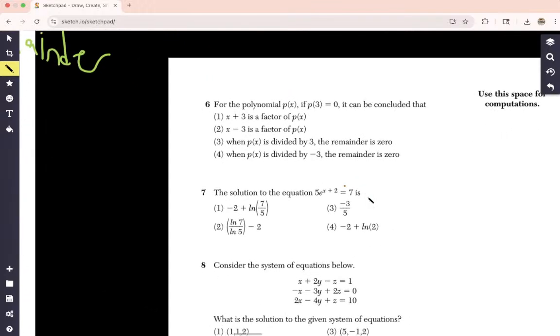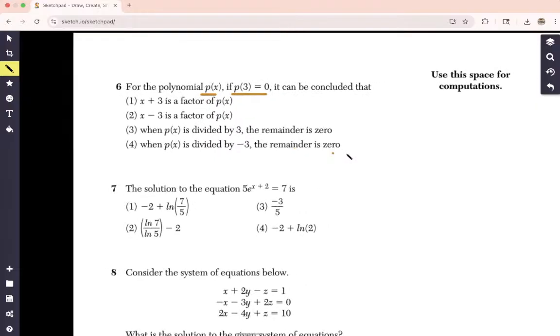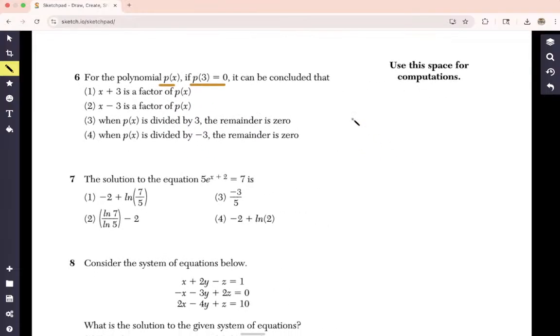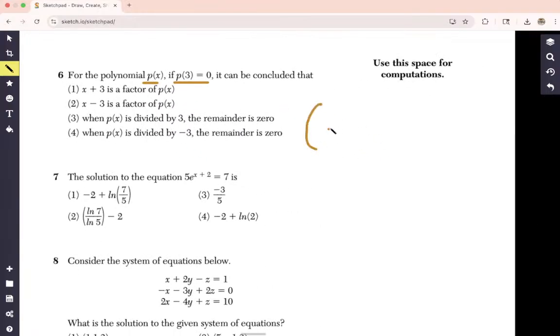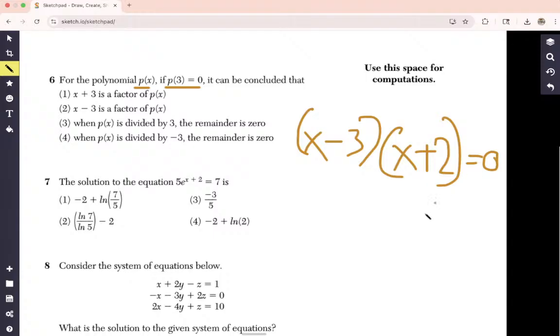Alright, sounds really cool. For the polynomial p of x, if p of 3 is equal to 0, this one you can kind of just figure out. Let's say I have something like (x minus 3) times (x plus 2) equal to 0.